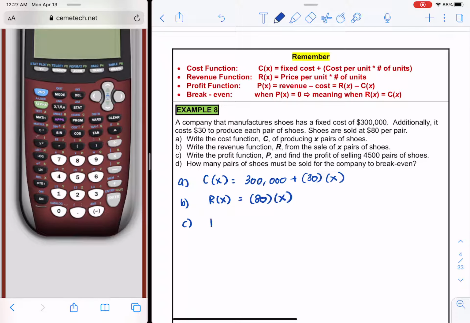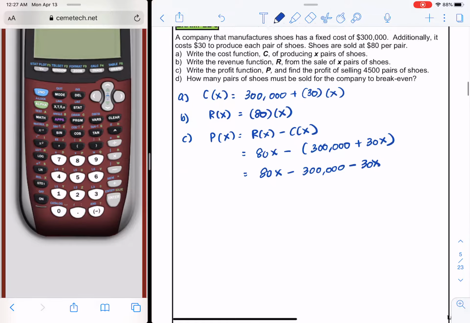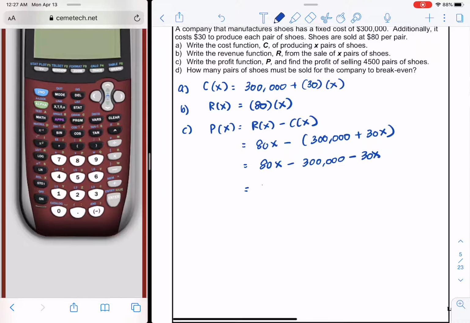The profit is simply revenue minus cost, so we have 80x minus the quantity 300,000 plus 30x, so 80x minus 300,000 minus 30x, which would imply 50x minus 300,000.